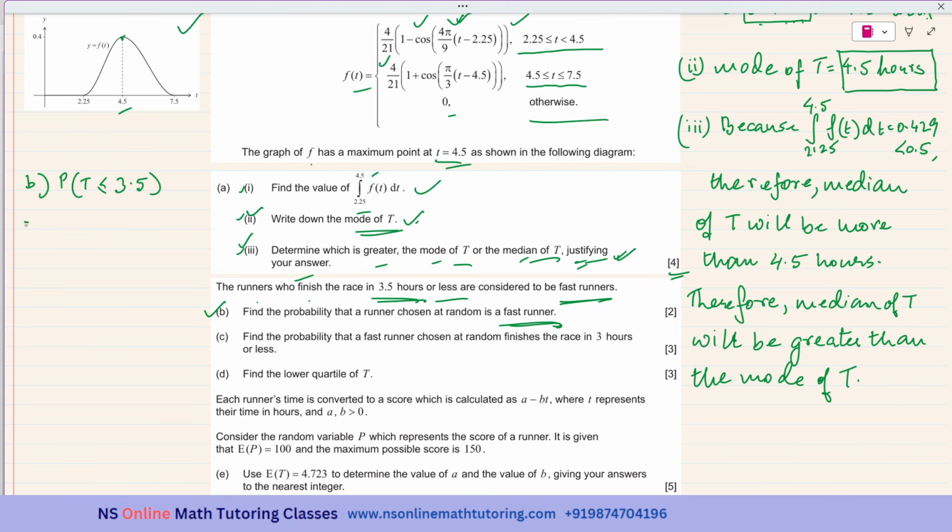is equal to 4/21. We have to take this expression because it should be less than or equal to 3.5.